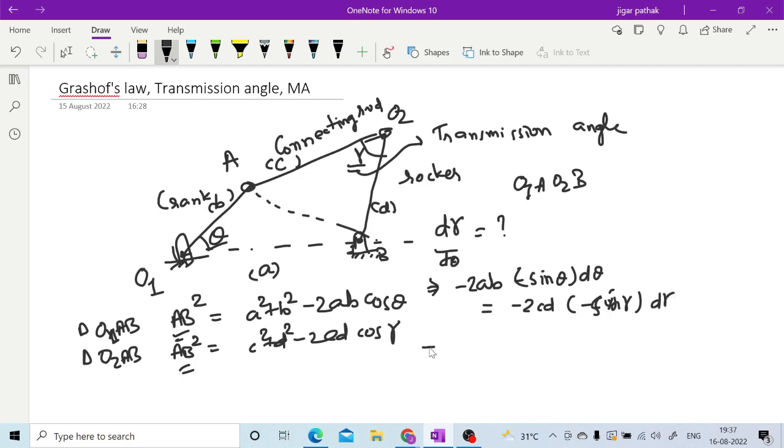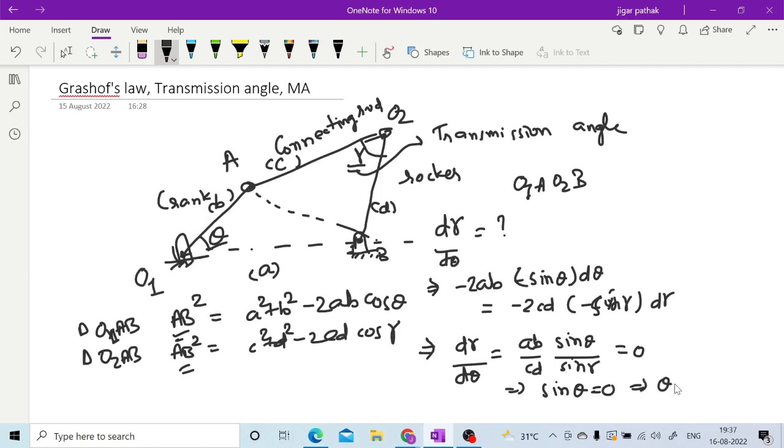Now if you get d gamma upon d theta from the above, it will be AB upon CD times sine theta upon sine gamma equals 0. So sine theta must be equal to 0, which means theta must be 0 or 180 degrees. So in order for your gamma to be optimum, your theta must be 0 or 180.